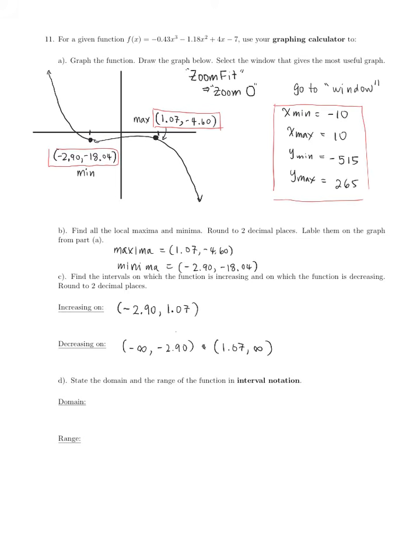The domain is going to be, as I explained, negative infinity to infinity. Range is also going to be negative infinity to infinity. Again, for the details, please watch the video.